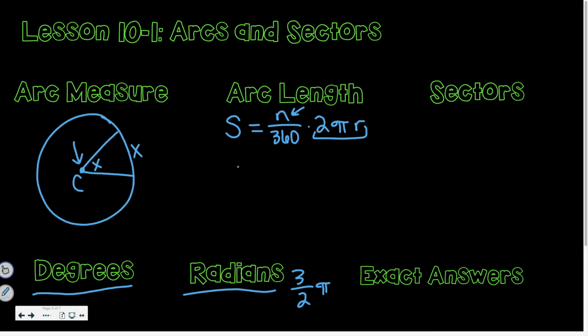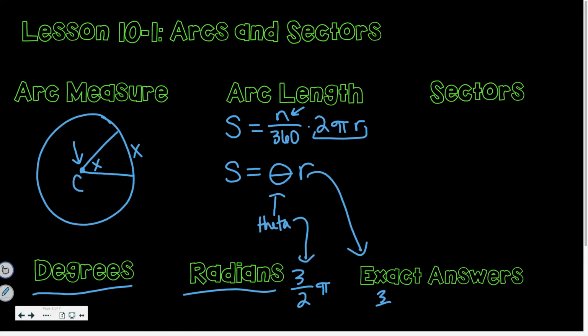But the arc length for radians is when you take theta. Remember, theta is that Greek letter that we're going to use to represent that angle. And you do theta times the radius. Usually when I give you something like that, I'm asking you to give me an exact answer. So let's say our angle was 3/2 pi and our radius equaled, let's say, 4.